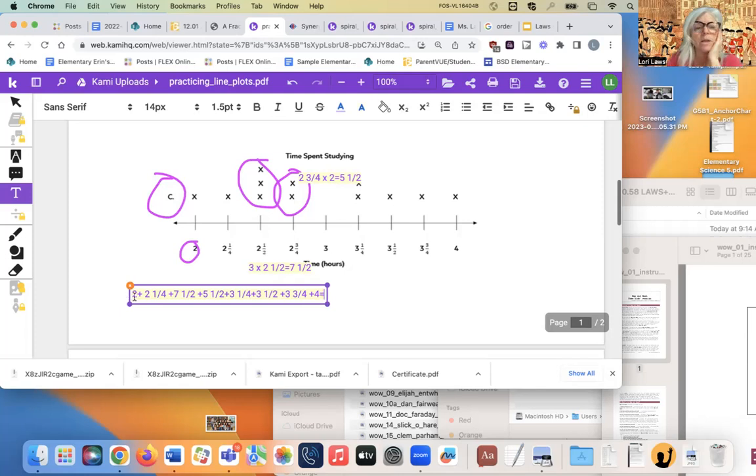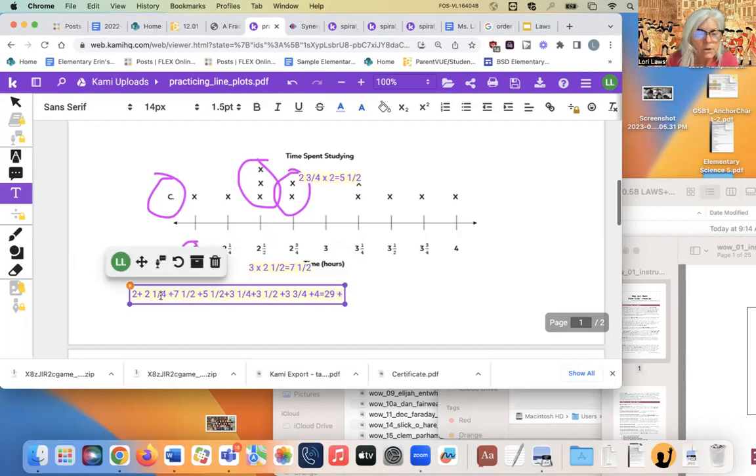Let's add all the whole numbers up. So 2, 3, 4, and 7 is 11, and 5 is 16, and 3 is 19, and 3 is 22, and 3 is 25, and 4 is 29 whole numbers, plus 1/4.